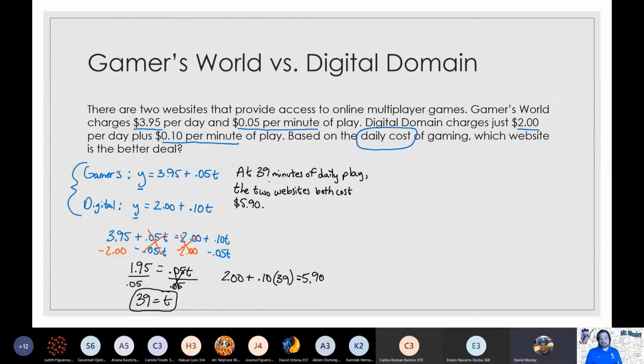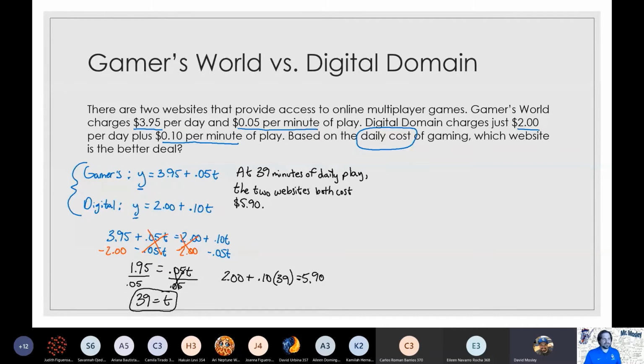So this statement essentially represents the solution to the system. At 39 minutes of play, the two websites both cost $5.90. That's all well and good, but I still haven't answered the question. The reason we need this solution to the system is that before that number, before 39 minutes, one of these two platforms costs more and one costs less. After that point, it switches.